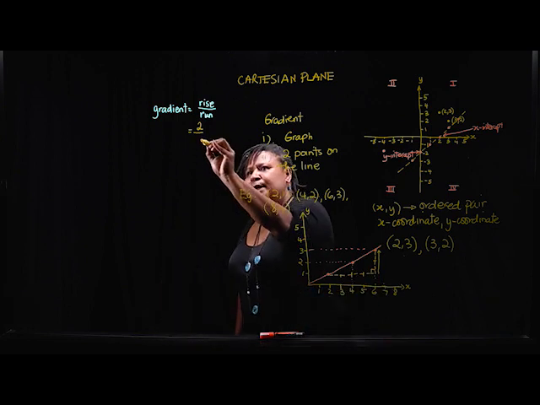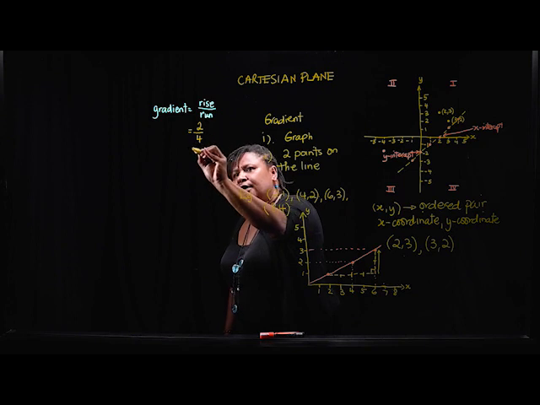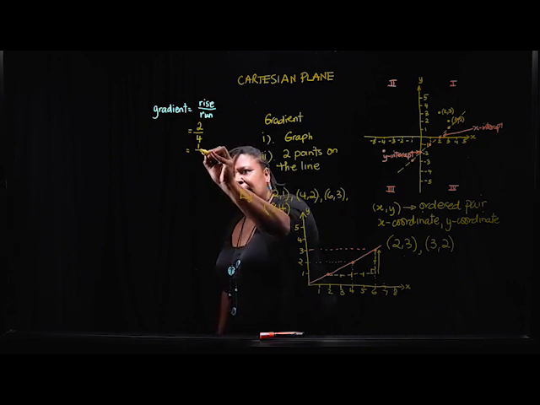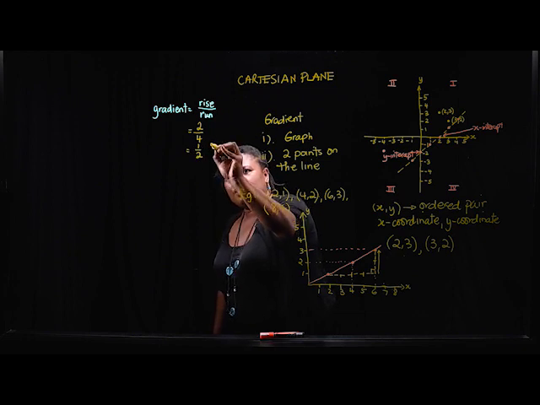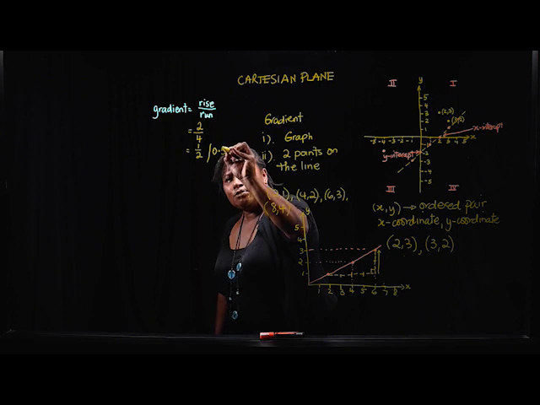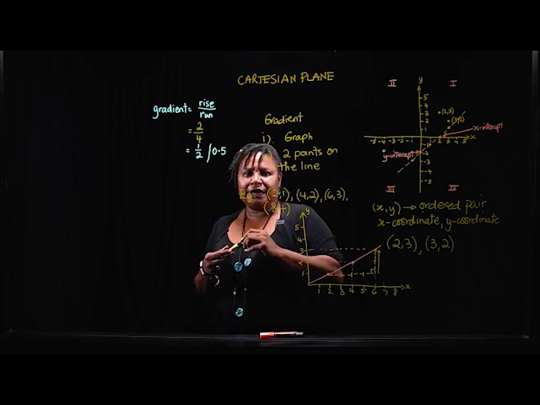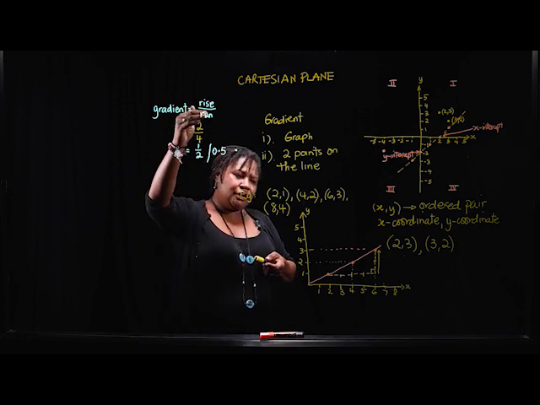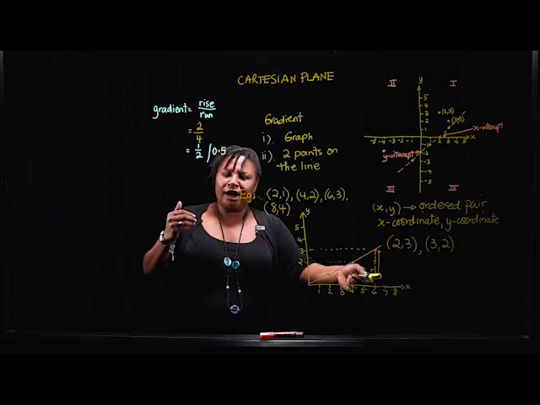So 2 over 4. Simplify this, your answer is half, or you can give your answer as a decimal number. All right, so we have found the gradient using the graph.